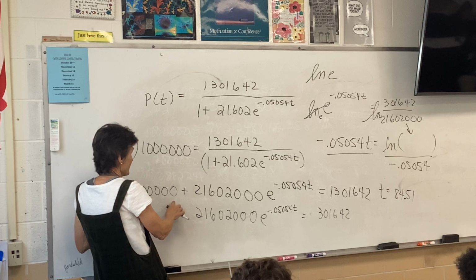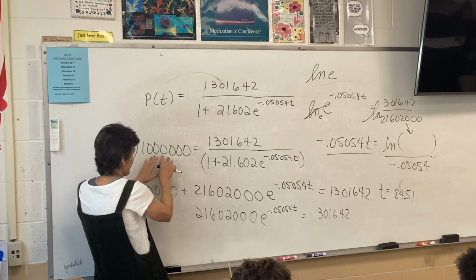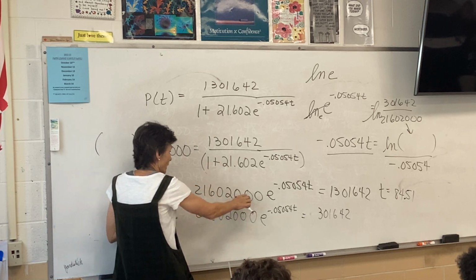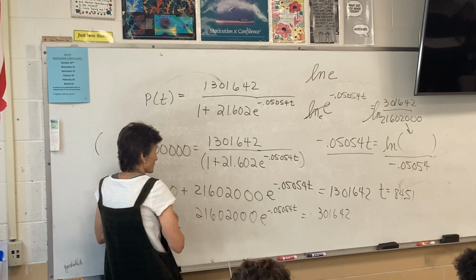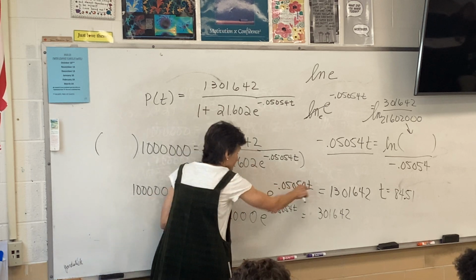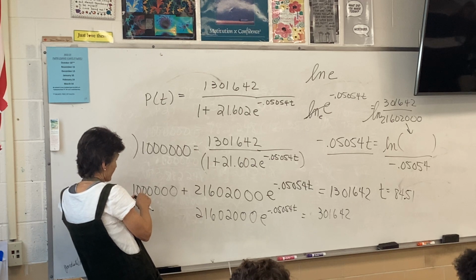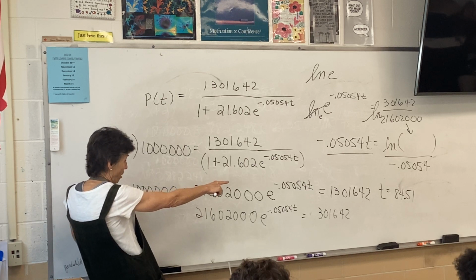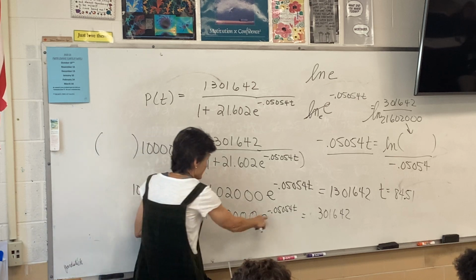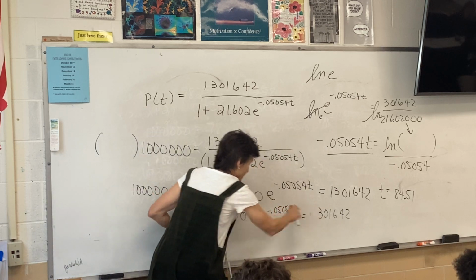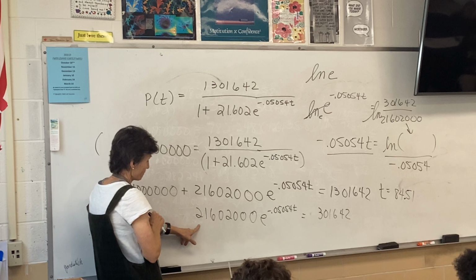So we had a million times 1, and then a million times this 21 number equal to that. So now we took the million and subtracted it off. So we were left with this equal to what was left after we subtracted a million.